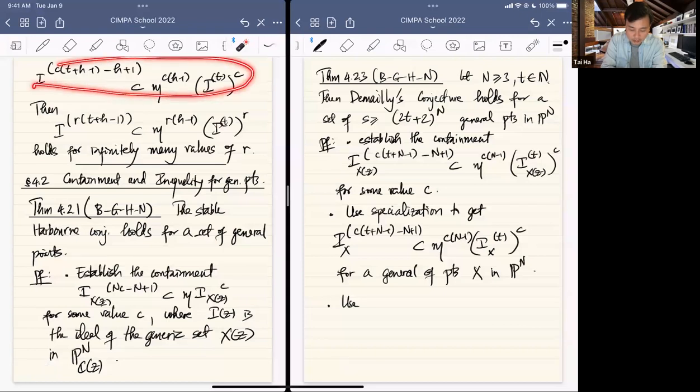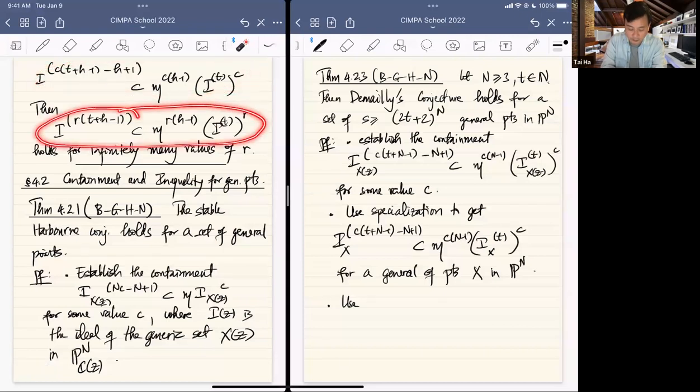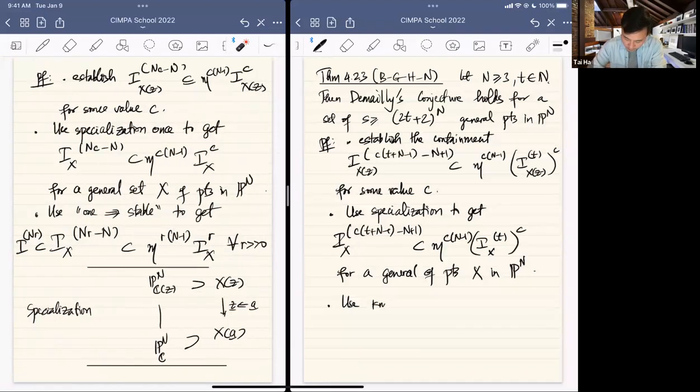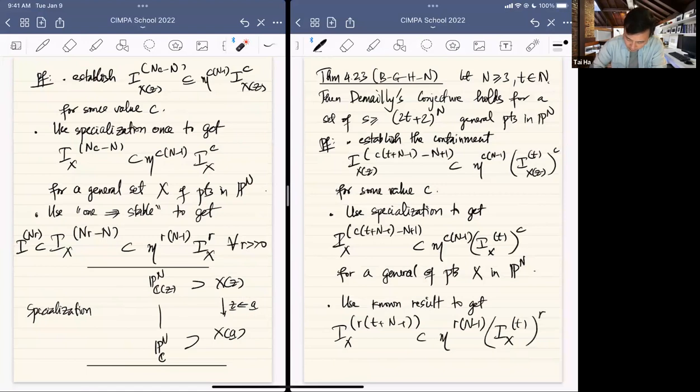Here you have a stronger containment that implies a weaker containment for infinitely many values of r. So we use known results to get I(X)^(rt+n-1) containing m^(r(n-1)) I(X)^t to the power r, for infinitely many values of r.